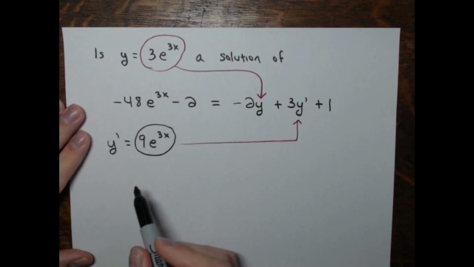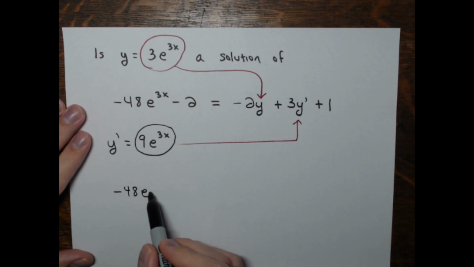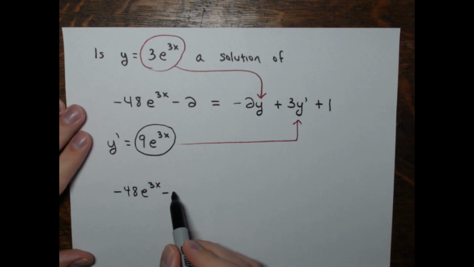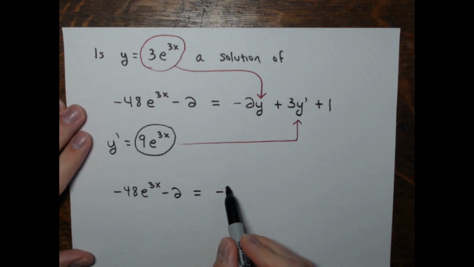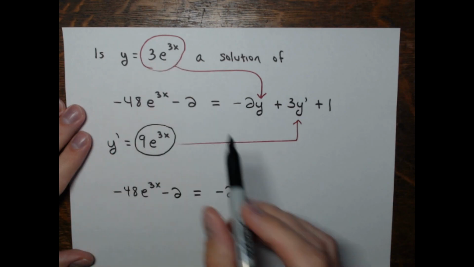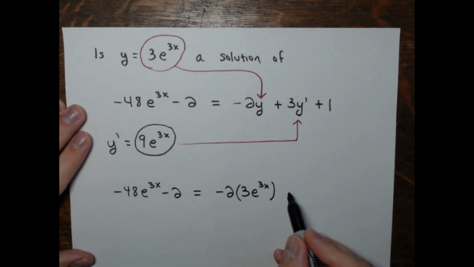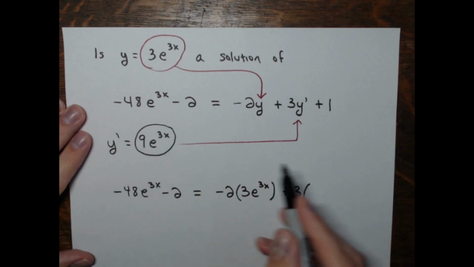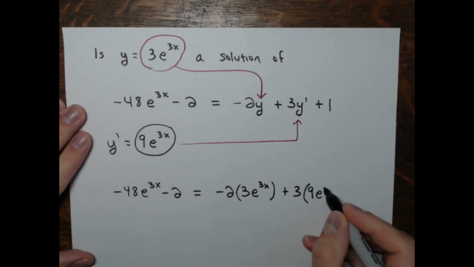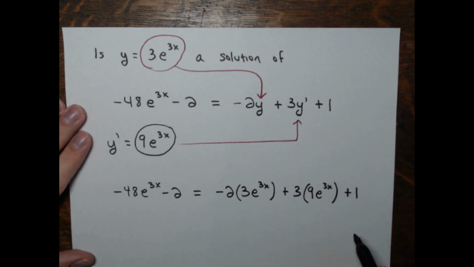Now on the left side, there was nothing to change, so you got negative 48 e to the 3x minus 2 equals, and then over here, negative 2 times, and again, replacing y with 3 times e to the 3x, then plus 3 times, and then replacing y prime with 9 times e to the 3x, and then you have this plus 1.